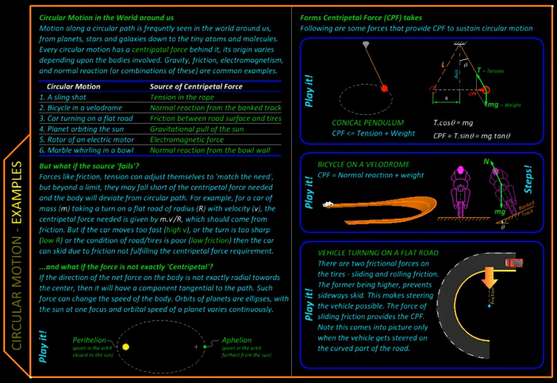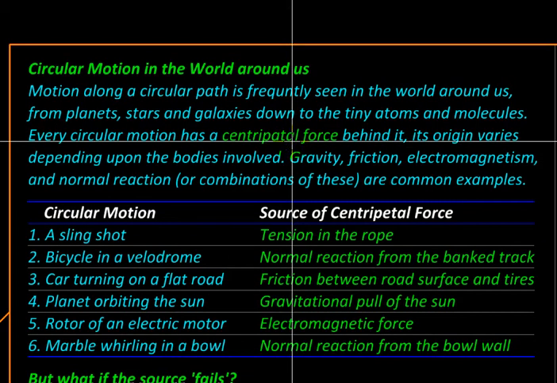Let us look at a few examples of circular motion and their sources of centripetal force that keeps them going. For a slingshot, it is the tension in the rope. For a bicycle taking a turn on a velodrome, it is the normal reaction from the banked road surface.